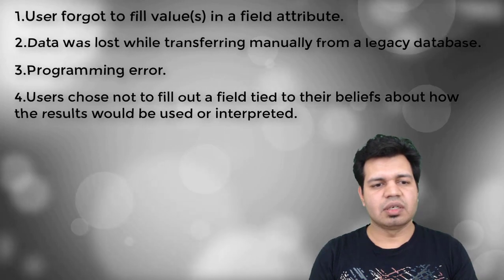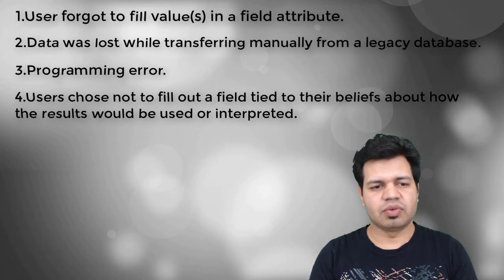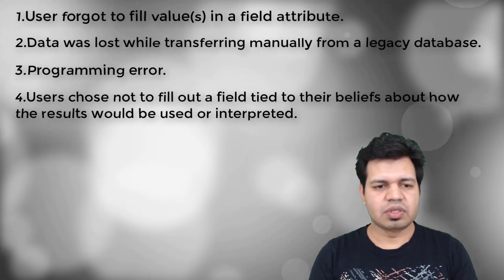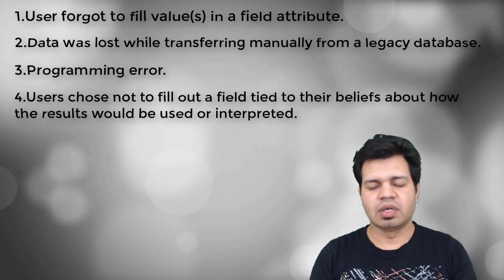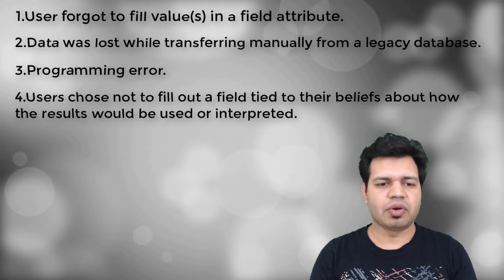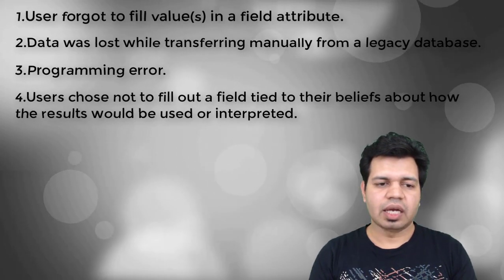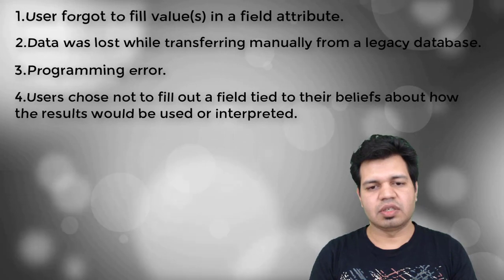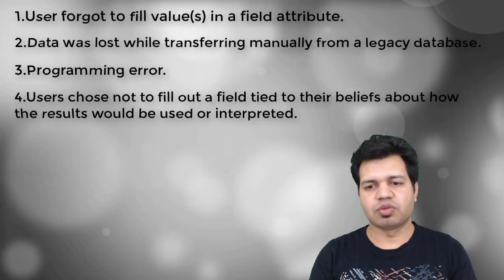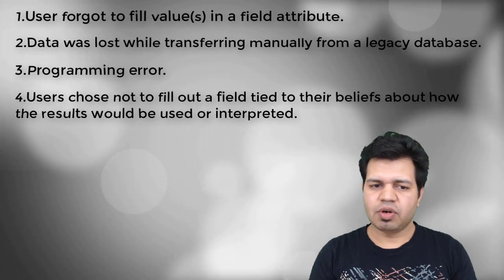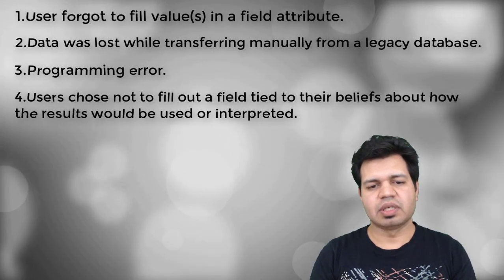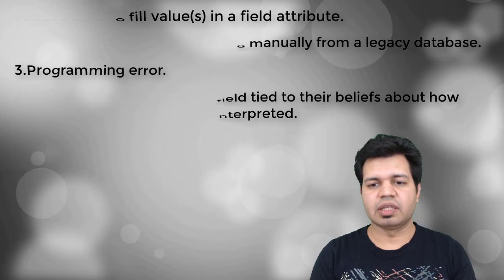So these are some of the reasons, and as you can see, some of these sources are just simple random mistakes. Other times there can be a deeper reason why data is missing, and it's important to understand these different types of missing data values from a statistical point of view. The type of missing data will influence how you deal with filling in these missing values. So let's take a closer look at the data now.